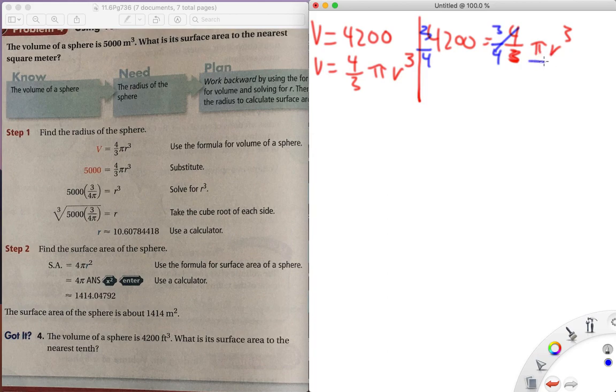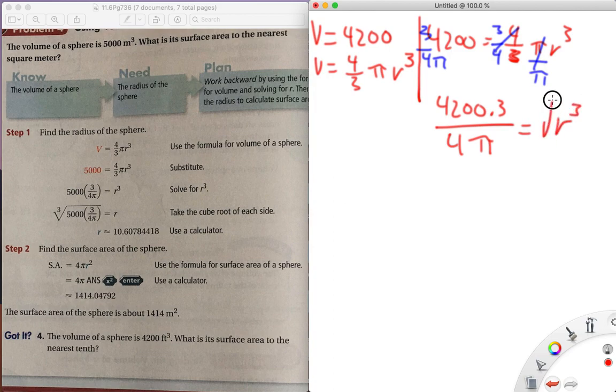I'm going to divide both sides by pi. Those cancel on the right hand side, so now I have 4,200 times 3 over 4 pi equal to the radius cubed. But remember, I'm going to cube root this to get r by itself.